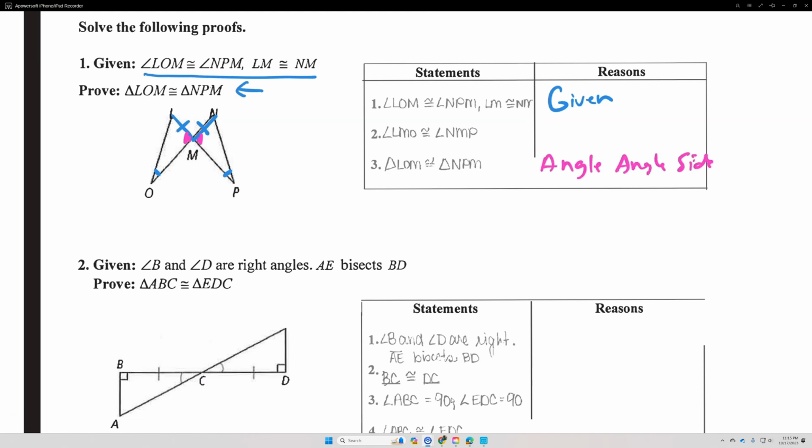That means we have a corresponding angle congruent, we have another corresponding angle congruent, and then we have a side that's congruent. Before we skip to the end, we have angle LMO is congruent to angle NMP, and that's by definition of vertical angles, because we know that all vertical angles are congruent, right? And that's the answer to number 1.